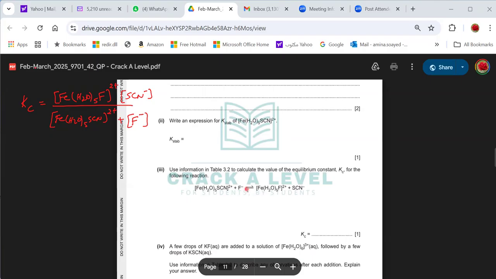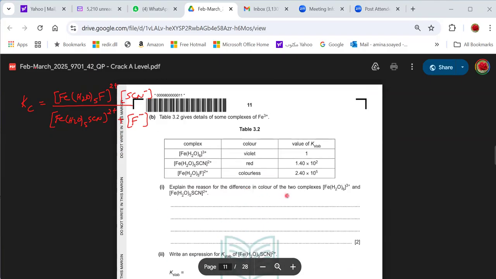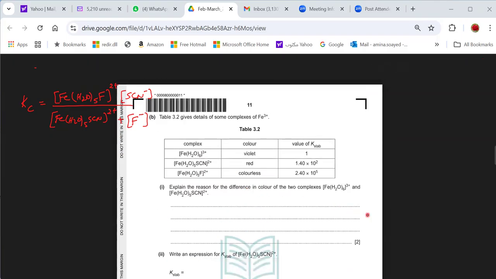So they said using table 3.2. So from the table, we see the K stability of the complexes. We have to write the K stability for each of these complexes and see which one of them, when we arrange it, will give us the Kc value for the equation that they asked us about.